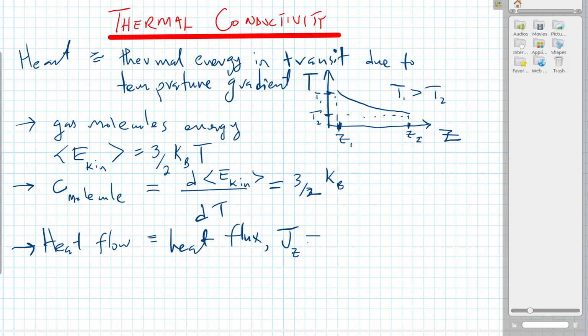This is usually defined as J_z = minus kappa partial T partial Z. Okay, or in 3D, one can write the heat flux vector J is equal to minus kappa times the gradient of the temperature, the 3D gradient of temperature. Okay, so heat flux is heat flow per area per time, right?